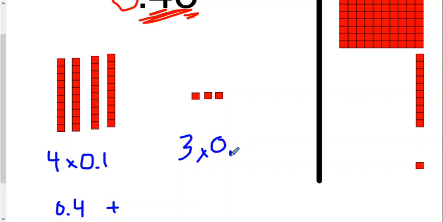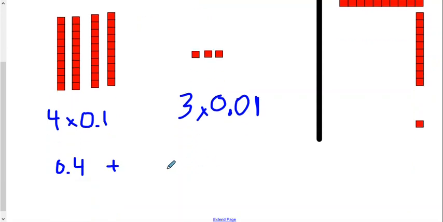We use our decimal point here, and then to write the 100th place value, we leave a 0 in the 10th place value. There are no tenths here, but there are hundredths. So each small red square is worth 1/100th. So we can multiply 3 times 1/100th and get to 3 hundredths.